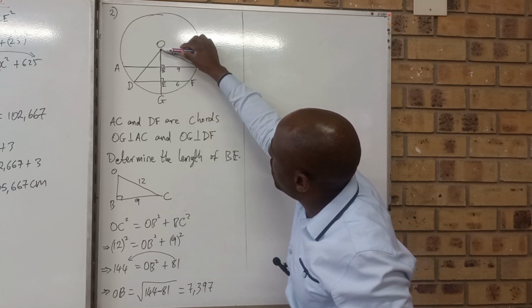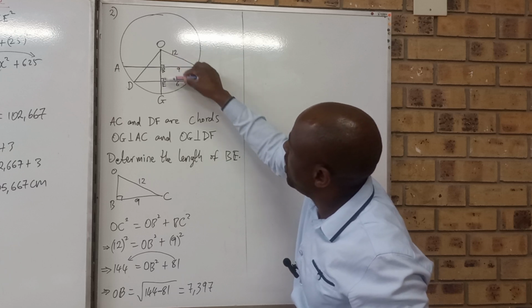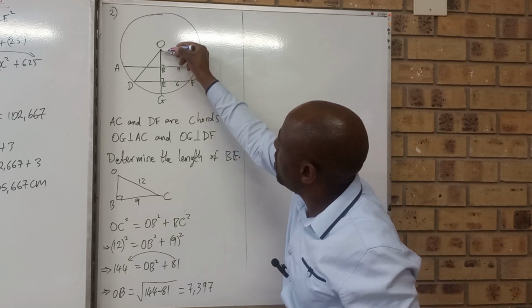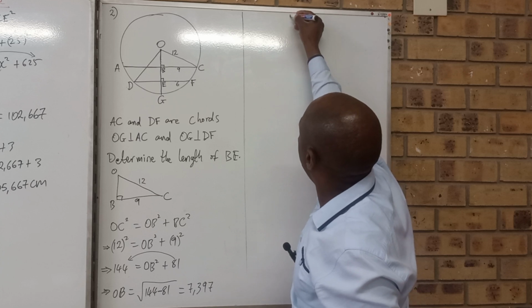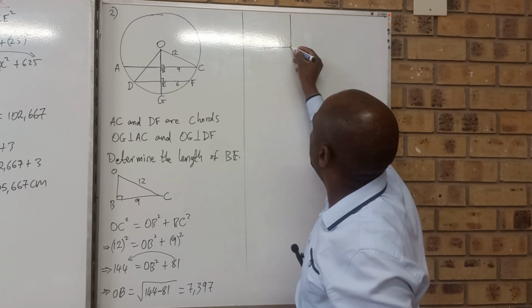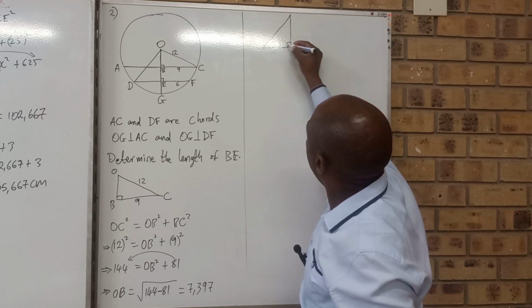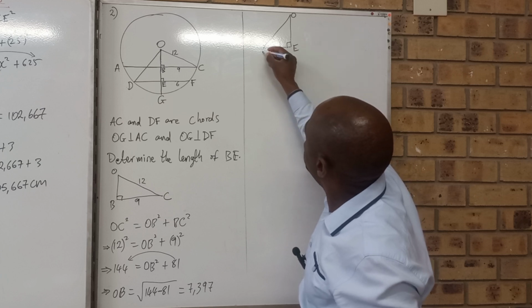So if I can also get OE, then subtract OB from it, I'll get BE. So to get OE, I need triangle OED. So I'm cutting off triangle OED from my diagram. So that's my diagram. This will be a right angle, that is O there, this is E here, this is D there.